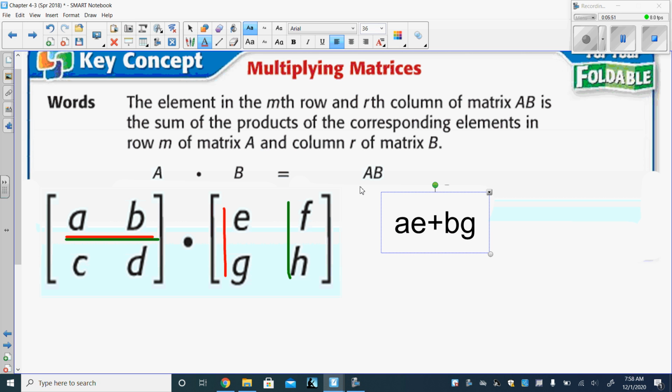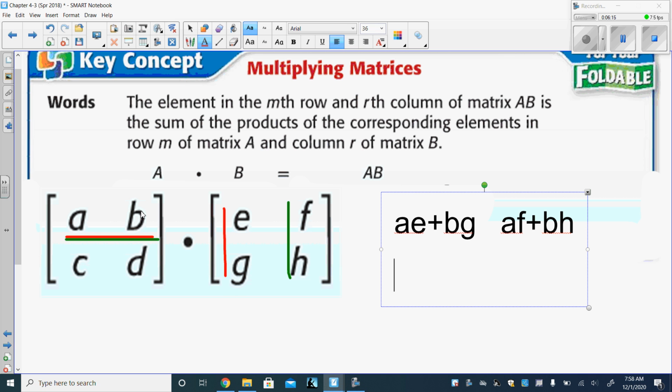So in the top left would be this element here, AE plus BG. Our next one would be AF plus BH, and that would be the first row.